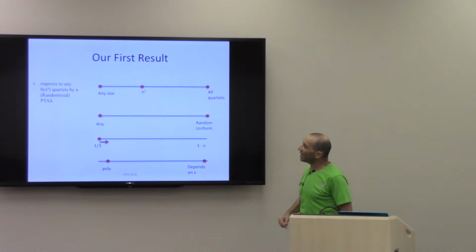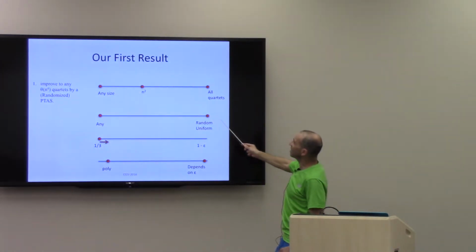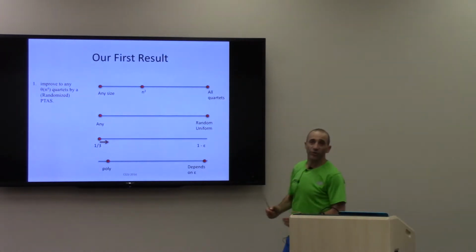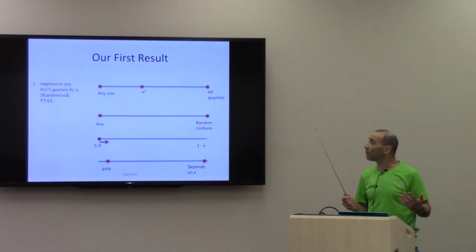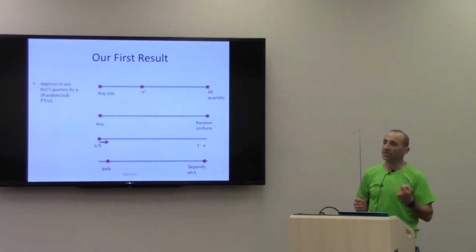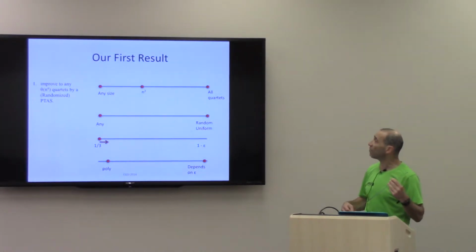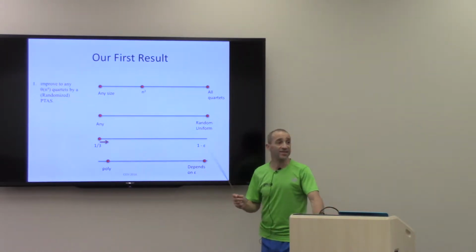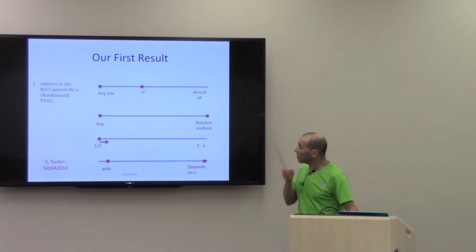What do we mean by any? As you see, this is like a log scale, and any is like n choose 4 over 100, n choose 4 over 1 million, but any constant fraction of n choose 4. It can be just any structure, and we know how to handle that. Let's see how we get that.